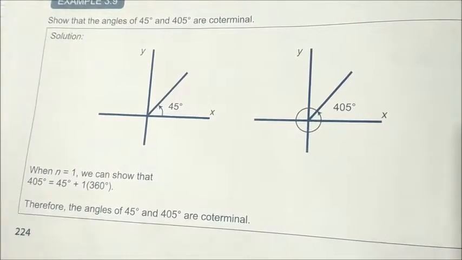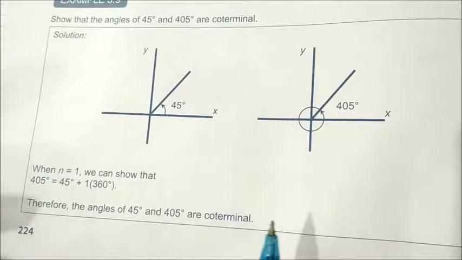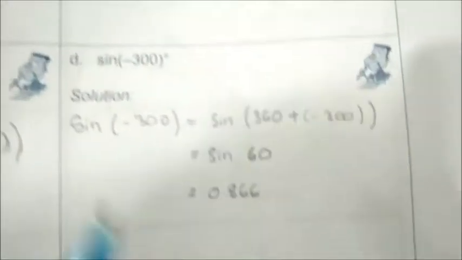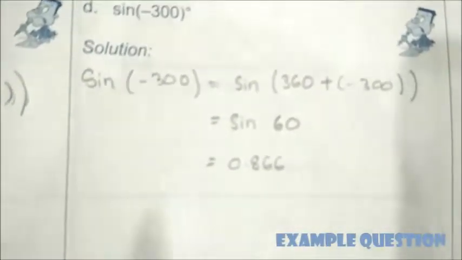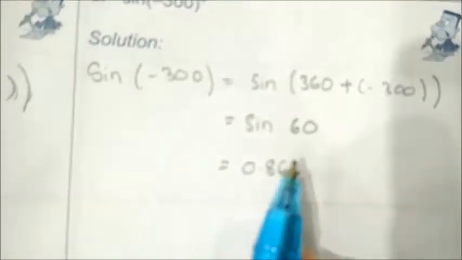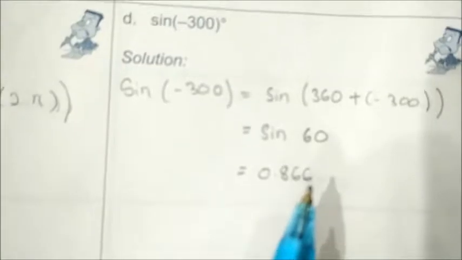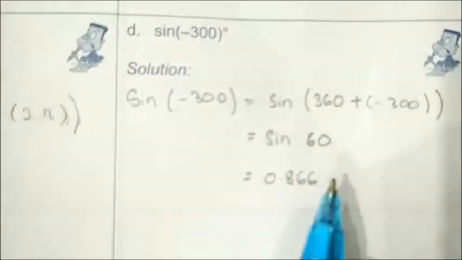Coterminal means if you're using the calculator, for example, if you press sine negative 300, it will have the same answer as sine 60 degrees, and that's what coterminal angles mean. Thank you.